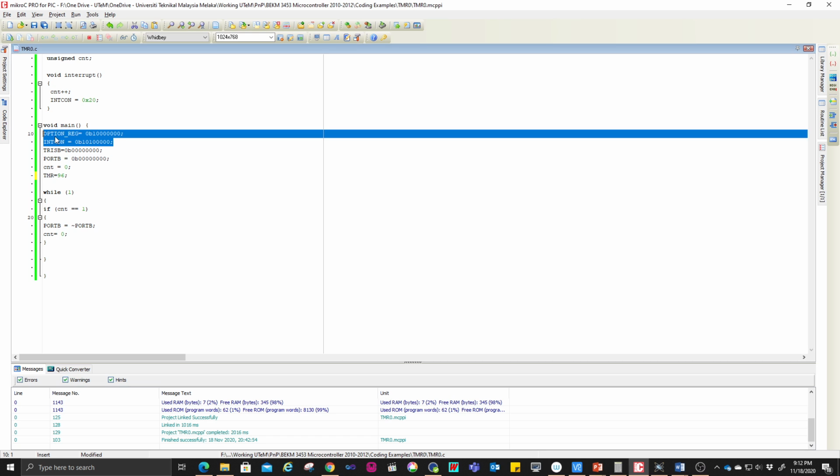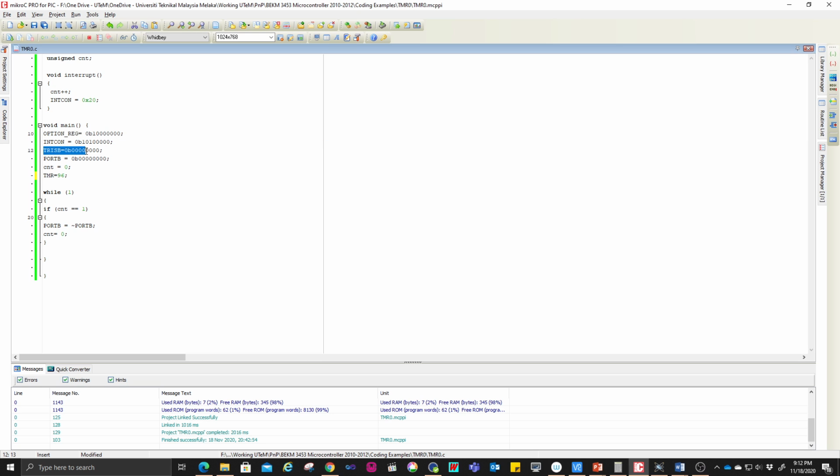So I'm going to use port B to have the results. Again, this is very simple for you guys, 7 weeks already. So TRISB is the one that sets your port B as all outputs. I'm going to use only 1 pin, but never mind, I'm going to set everything there. So the first initial value of voltage from port B, I'm setting at 0 volt.